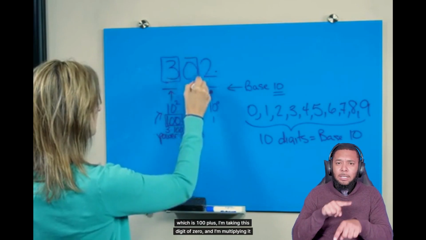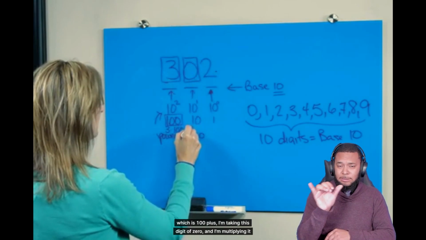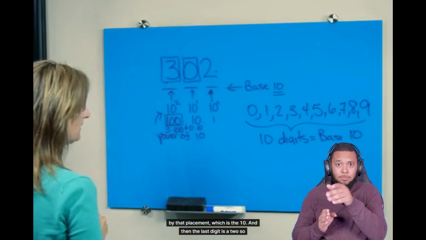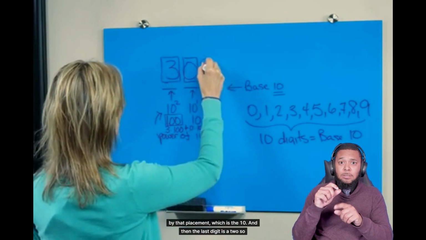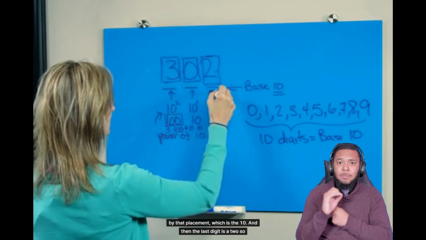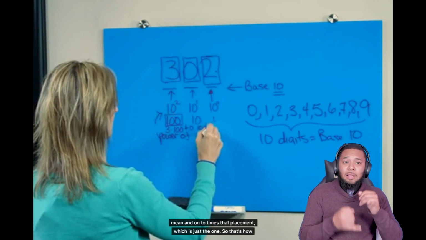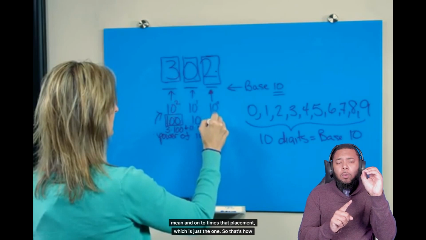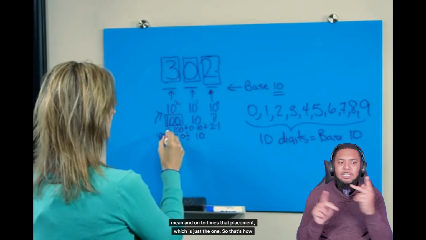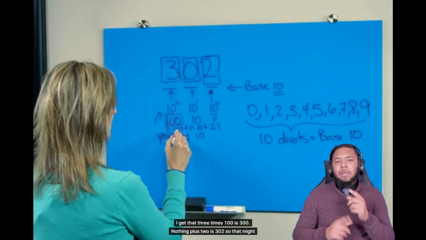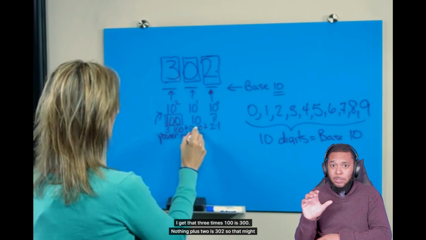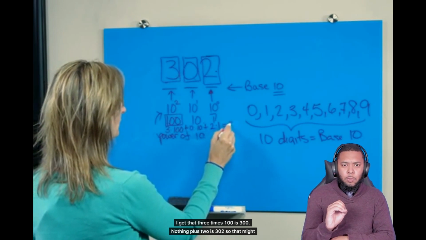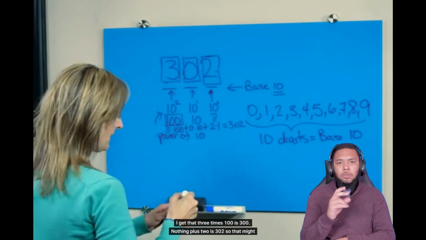Plus, I'm taking this digit of 0, and I'm multiplying it by that placement, which is the 10. And then the last digit is a 2, so I'm going to add on 2 times that placement, which is just the 1. So that's how I get that 3 times 100 is 300, nothing, plus 2 is 302.